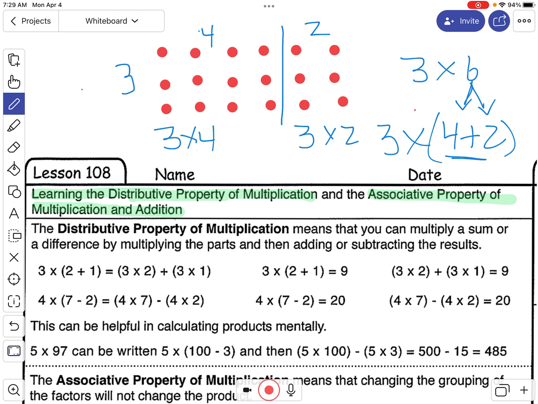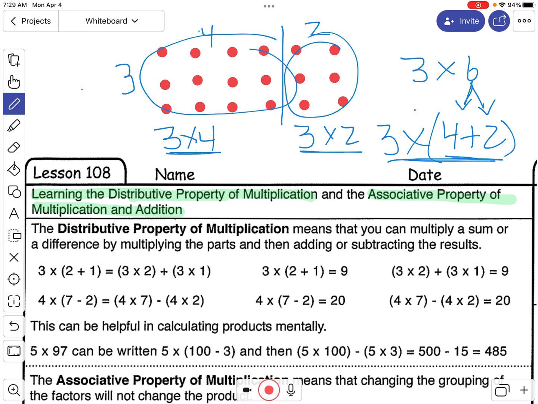There's still 18 dots. And this is the same thing as what we see here plus what we see here. We're putting this part together with that part. So what I have is 3 times 4, and I'm adding that to 3 times 2. Just like that.